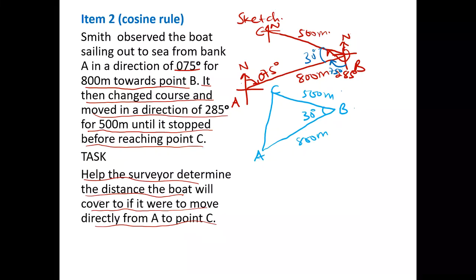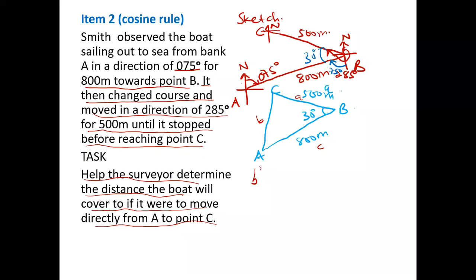And cosine rule, now this is small a, 500 is small a, then this is small c, and then this is small b. But now that I want the distance between A and C, I'm going to use angle B. And how do I state that cosine rule?